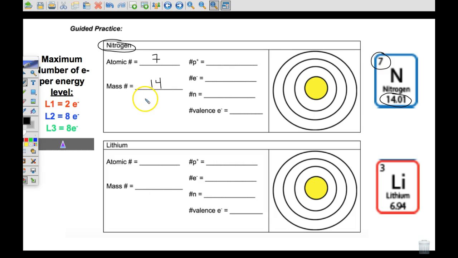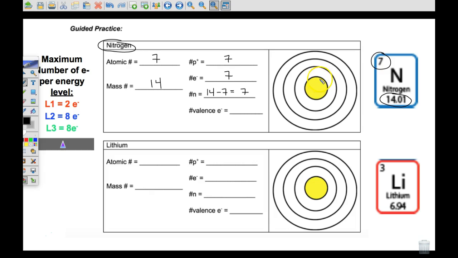Based on my previous knowledge of element math, I know that my atomic number represents my number of protons and my number of electrons. But my number of neutrons is my mass number minus my atomic number, so I have a total of 7 neutrons for nitrogen. And we're going to leave valence electrons until the end.